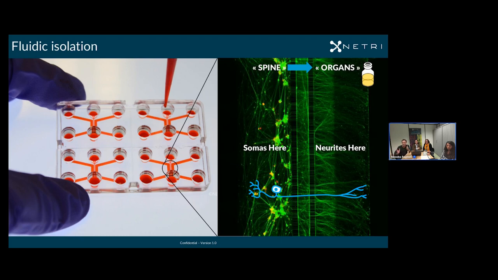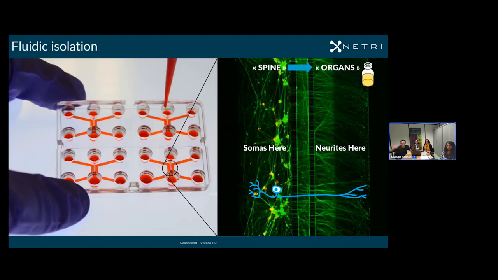So this replicates the natural organization in your body and allows you to test compounds or stimuli on the end effectors, which is where that usually happens, instead of directly into your spine.